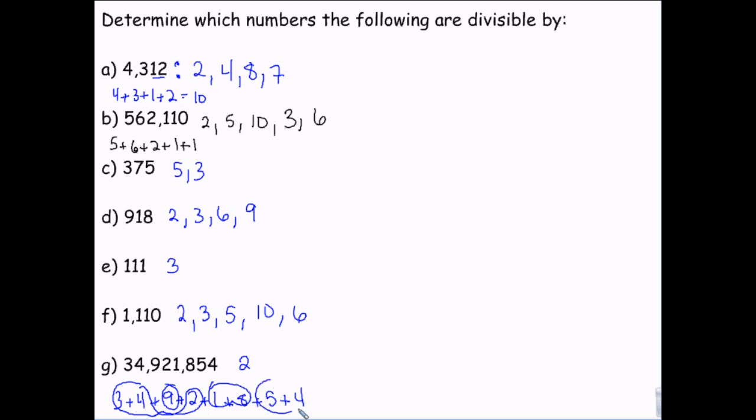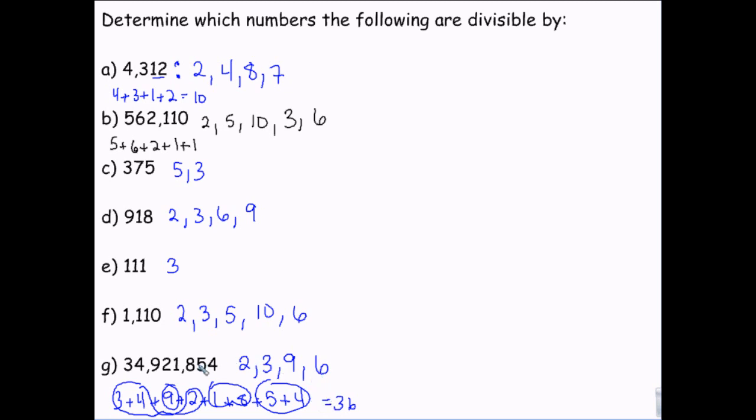And this makes a 9. So I have 1, 2, 3, 4 9s, essentially, which is 36. So this whole thing's going to add up to 36. I did it by groups of 9s. Or you can add it up the long way. Either way, you get 36, which will divide by 3 and 9. So we also get 6.